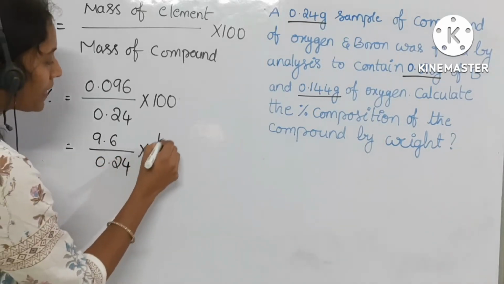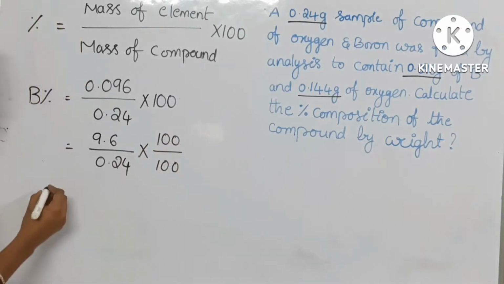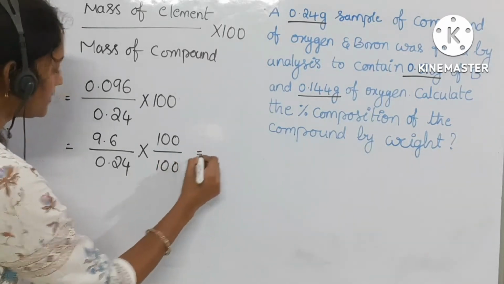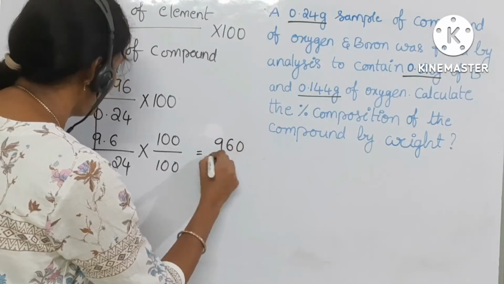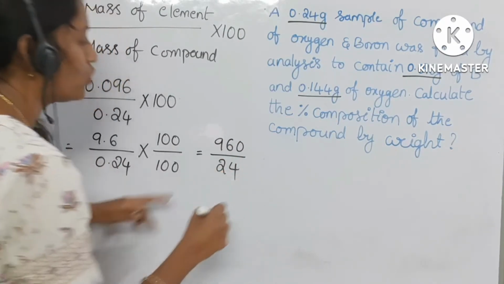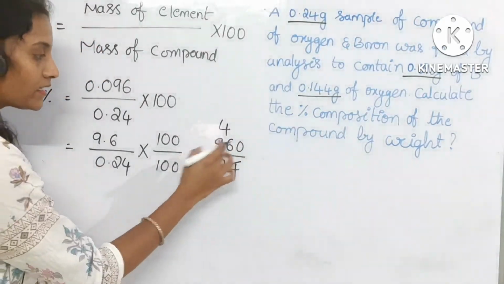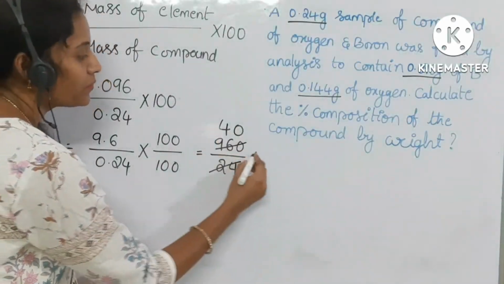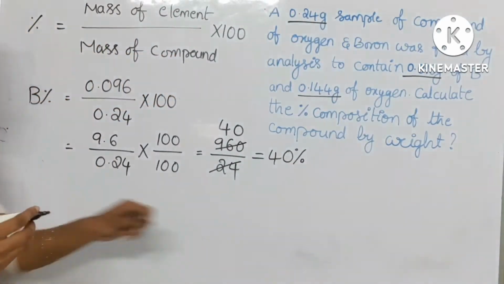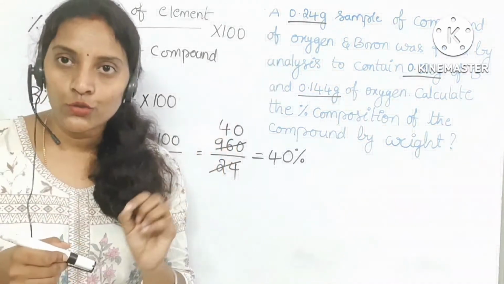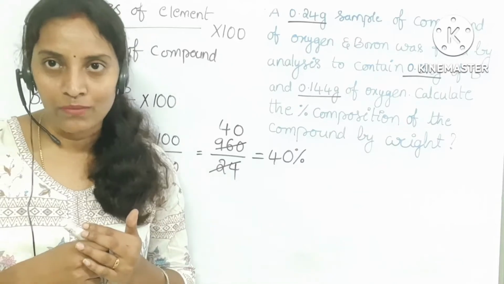Then you can multiply numerator and denominator with 100. So you will get 960 divided by 24. Here see, 24 fours are 96, then 0. That means 40% of boron is present in the 0.24 grams of sample compound.